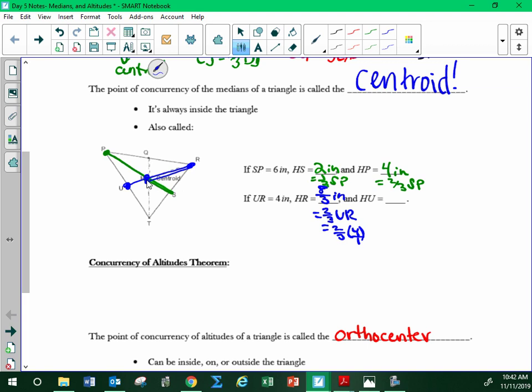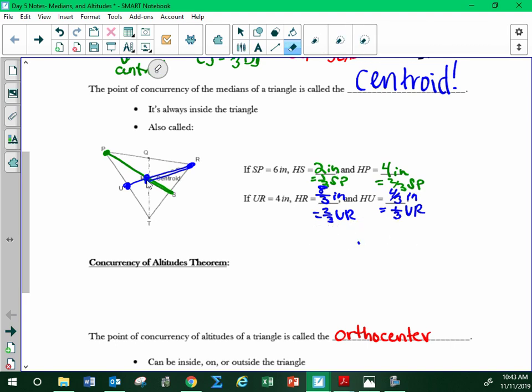So how much is HU? 4/3. Yes. 4/3 inches. You could do 4 minus 8/3, or just do the fact that it's 1/3 of the whole thing. And again, 1/3 times 4 gives us the 4/3.